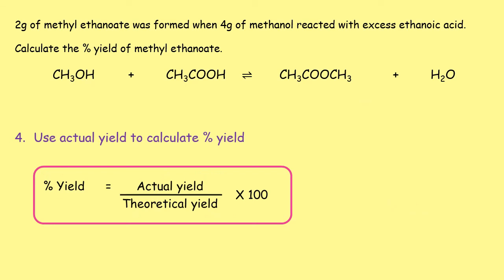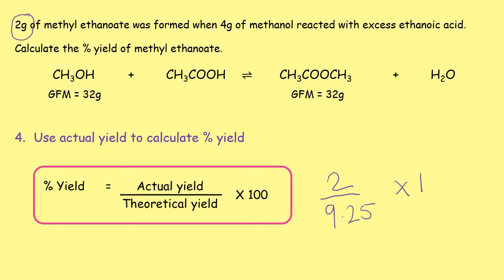And finally, we're going to use our equation here to calculate this. So our actual yield, you have to go back to the question. That's how much was made. So our actual yield was 2. Our theoretical yield was 9.25.